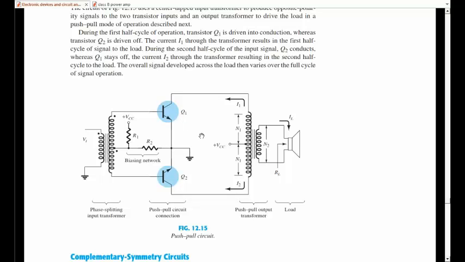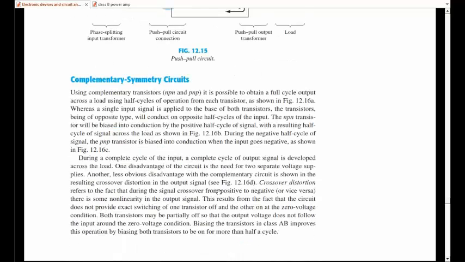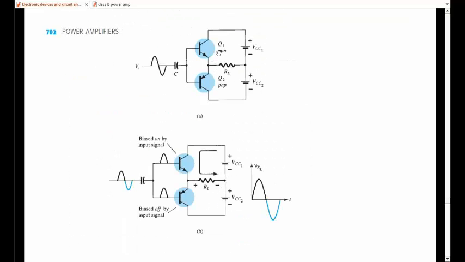One possibility to implement a class B amplifier is to use both transistors of the same type, that is both NPN, and another possibility is to use complementary symmetry circuits, that is one NPN and the other PNP. You can see here, one is NPN, the other one is PNP.